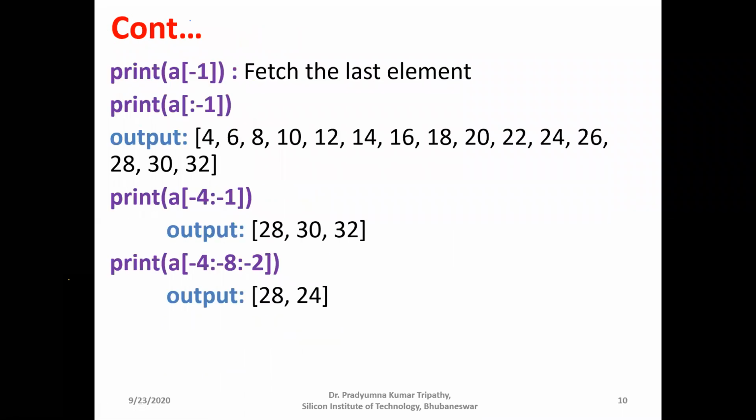Okay. So if I give a of minus 1, it fetches the last element, obvious, right? So if I give colon minus 1, what does it mean? There are 2 colons and 3 values.